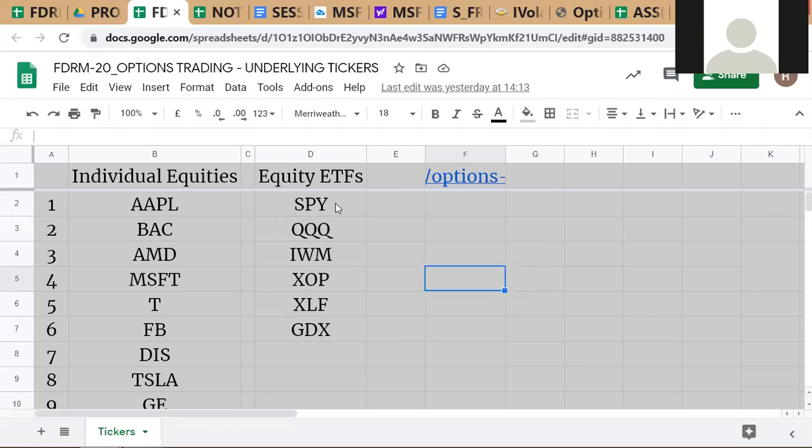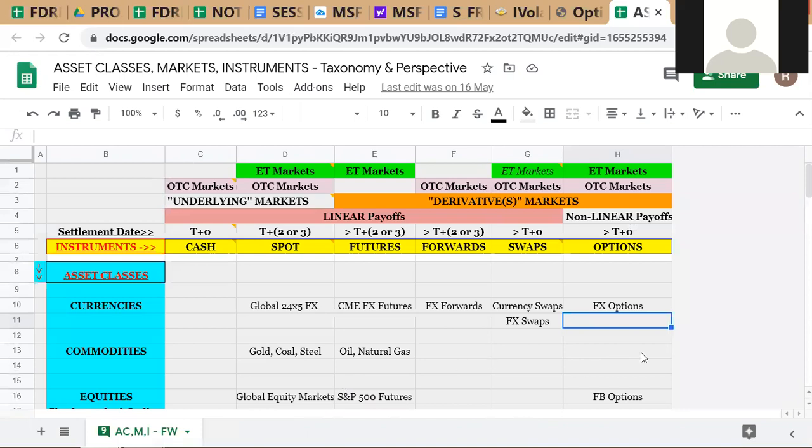You can have more complicated underlying arrangements, where you have options on a basket of underlyings instead of just one. So either the underlying is one unique asset or it's a basket of assets.